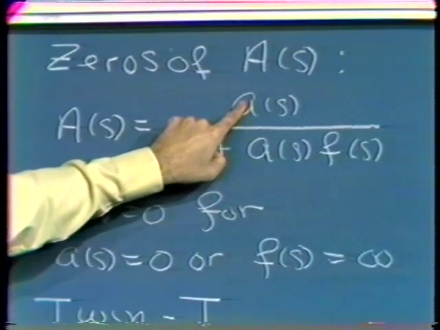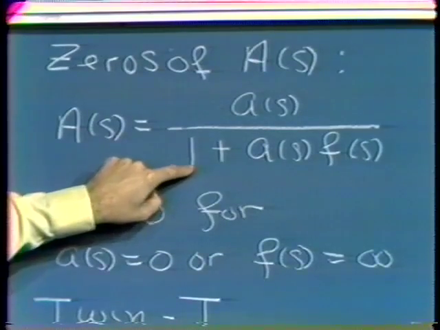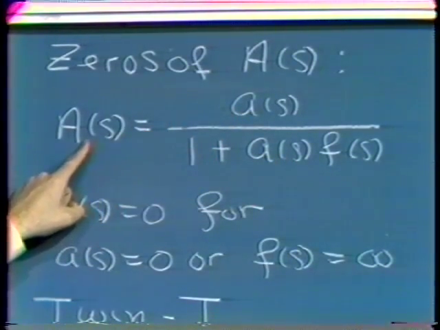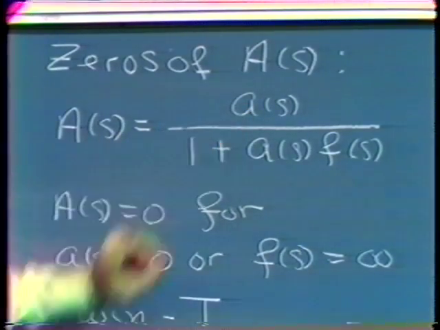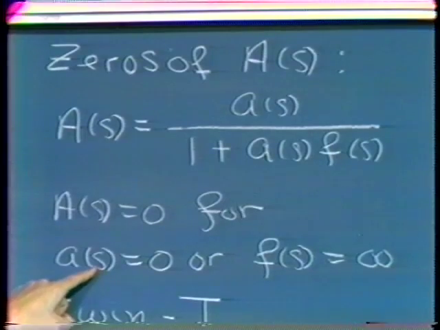The numerator goes to 0, however the denominator remains finite, or remains 1, actually. Consequently, capital A of s goes to 0 when little a of s goes to 0. So we conclude that one possible location for the zeros of capital A of s is at zeros of small a of s, zeros of the forward path transmission.